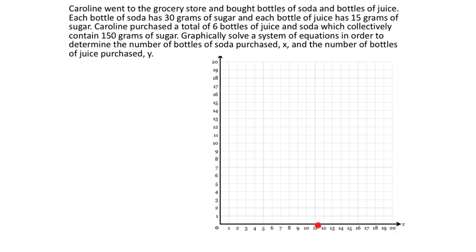So even though the graph is not showing us the labels, we can put them on right now, because even right now they're saying, hey, look, the X, it's a number of sodas purchased there. So I'm just going to copy that down, put it down here. They told us what it was, okay? And then over here it says the number of bottles of juice purchased is Y. Now I'm just going to show that as number of bottles.